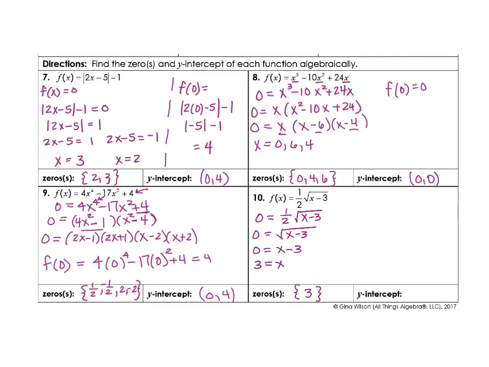And then our y-intercept, we do substitute in a 0 here. And so we're going to get 1/2 times the square root of negative 3. But right here, we're talking about graphing. This is imaginary. So that's telling me that we will have no y-intercepts. It's going to be none there.